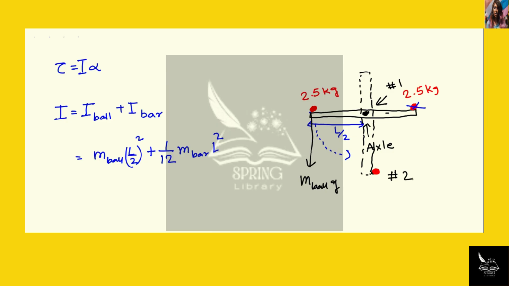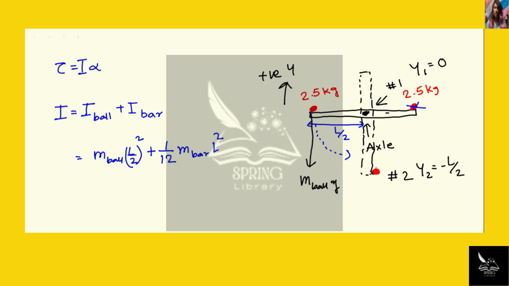Let's call this point number 2. So y1 will be 0 here, but y2 will be negative L/2. The reason for the negative sign is that we consider this as our origin, and we're considering the upward direction as our positive y direction.